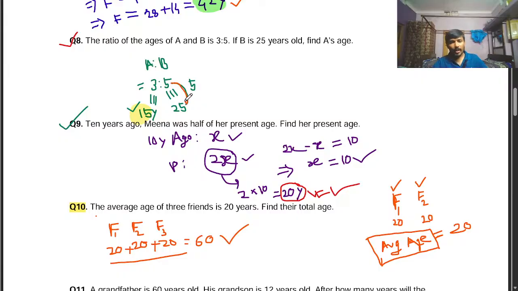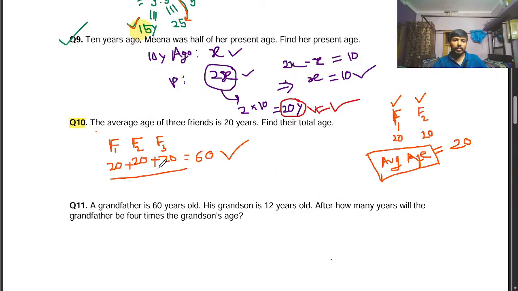So 5 is equivalent to 25, 1 is equivalent to 5, so 3 is equivalent to 5 times 3, that is 15 years. So A's age will be 15 years.